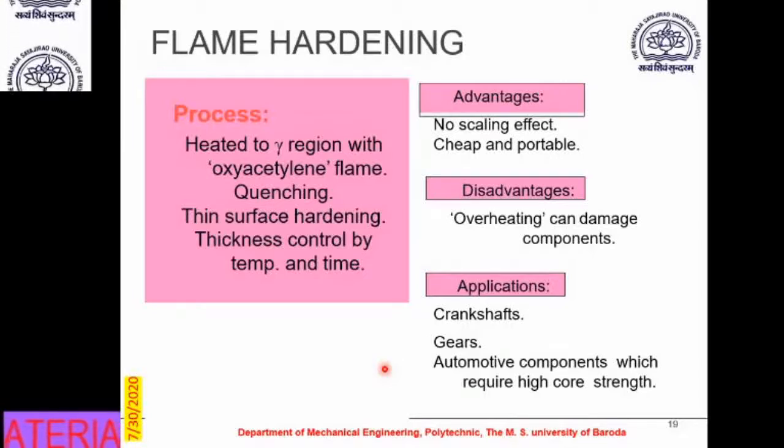Thickness control is difficult but can be achieved. What are the advantages? There is no scaling, it is cheap and portable. Disadvantages: overheating can damage the components. Applications: again, crankshafts, gears, automotive components which require high core strength.